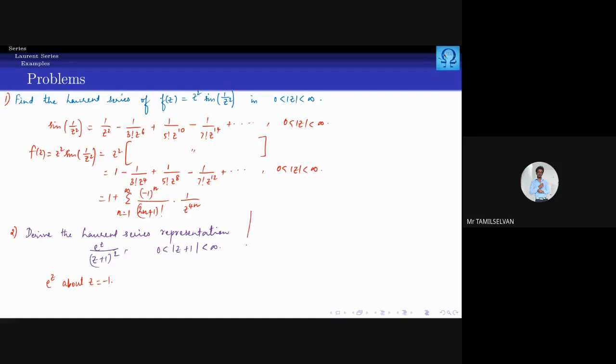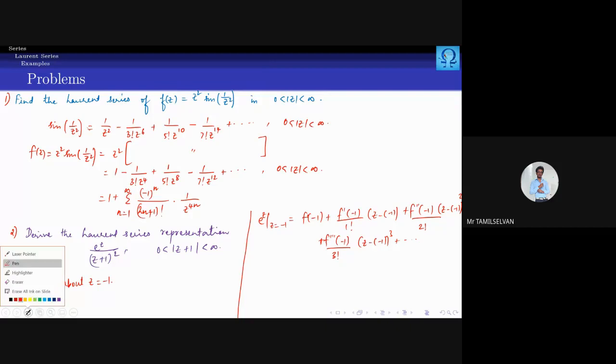When you try to give the Taylor series expansion about z equals -1, first you must have f of -1 plus f prime of -1 upon 1 factorial z minus of -1, plus f double prime at -1 upon 2 factorial z minus of -1 whole square, plus f triple prime at -1 upon 3 factorial z minus of -1 cube, plus etc. So this is your expansion, right?